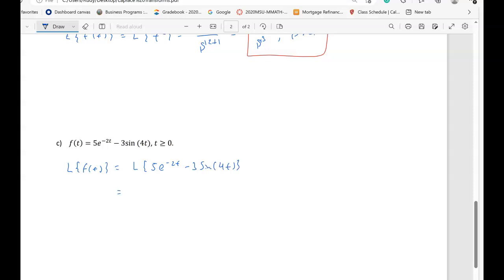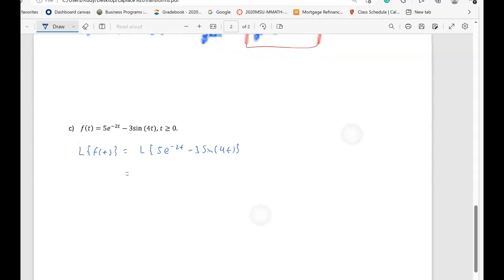And what I'm going to do is break it up into 2 functions. So this is the Laplace of 5 e to the negative 2t plus the Laplace of negative 3 sine of 4t.